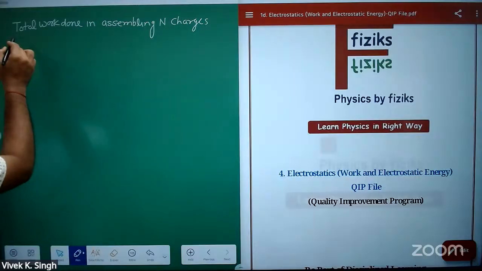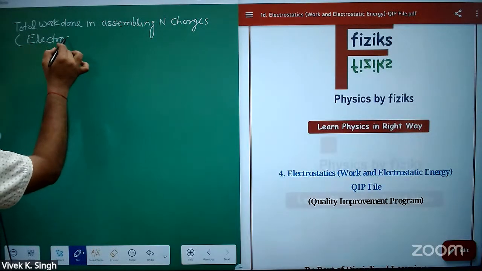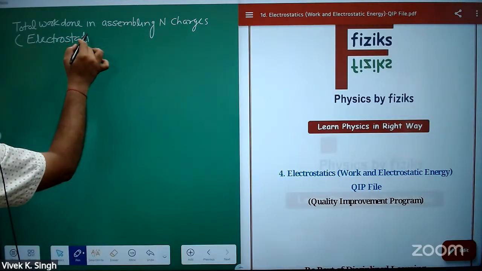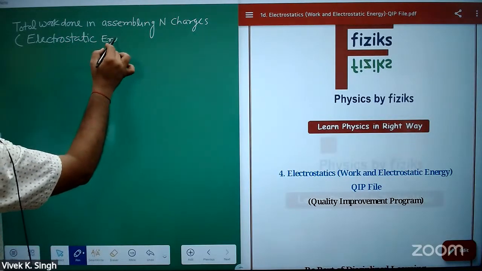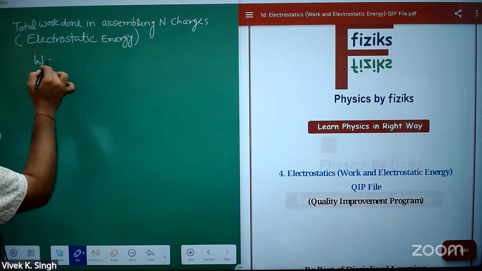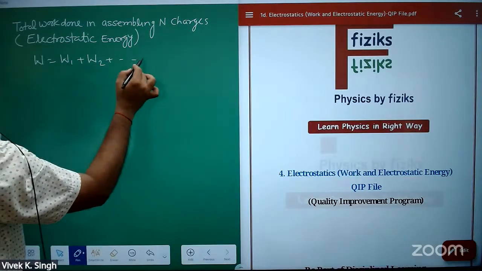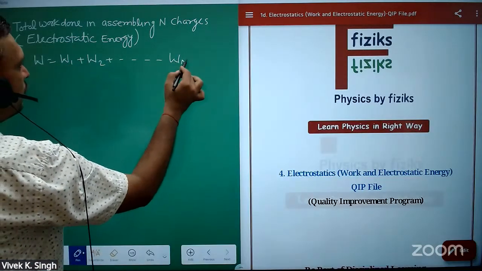And this is called the electrostatic energy. And this is given by W1 plus W2 plus and so on up to Wn.